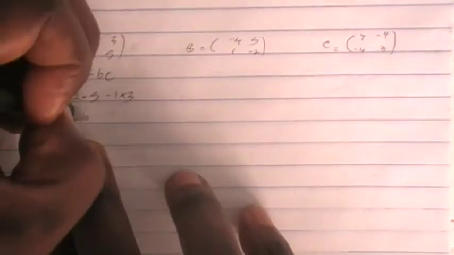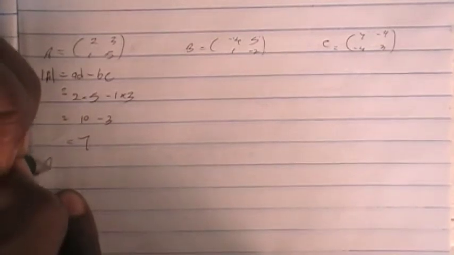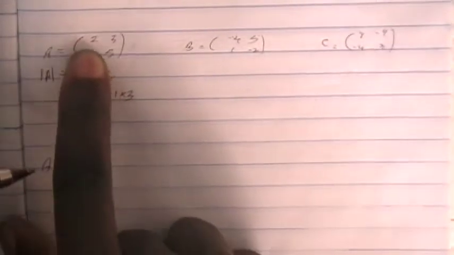This will be 10 minus 3, which is equal to 7. Good. Then the adjoint of A, this is equal to, switch the elements of those in the leading diagonal. So 5 comes here, 2 goes there, and minus 1 and minus 3. So that's the adjoint.